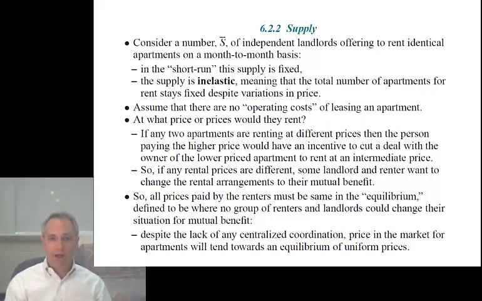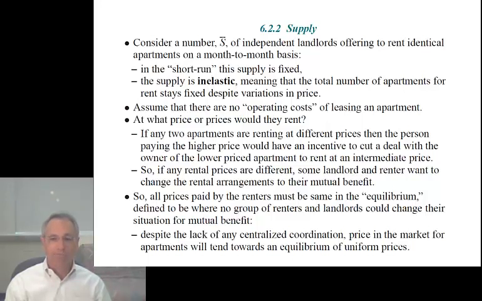Well, the person paying the higher price would have an incentive to cut a deal with the owner of the lower priced apartment to rent at some intermediate price. What can we conclude from that? If any rental prices are different, then some landlord and renter want to change the rental arrangements to their mutual benefit. What this means is that all prices paid by the renters must tend towards a fixed number that's the same for everyone.